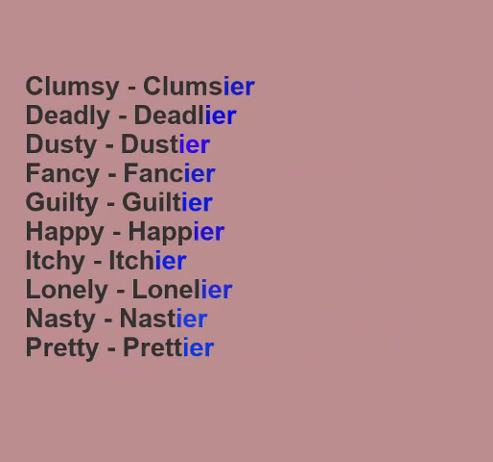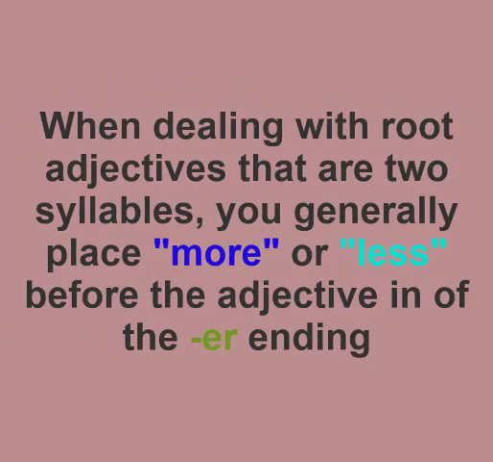Like clumsy, clumsier, deadly, deadlier, dusty, dustier, fancy, fancier, guilty, guiltier, happy, happier, itchy, itchier, lonely, lonelier, nasty, nastier, pretty, prettier. When dealing with root adjectives that are two syllables, you generally place more or less before the adjective instead of the er ending.